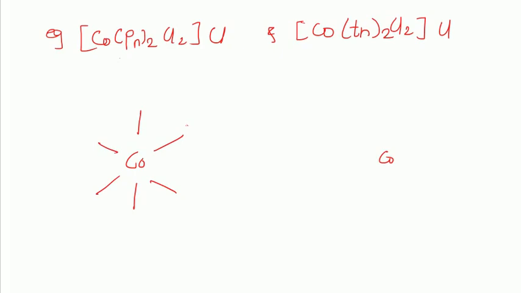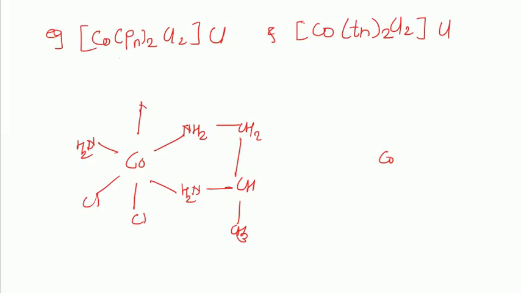Likewise NH2 CH2 CH CH3 and NH2 here, other two chlorides, and one more PN, that is the propylene diamine structure, NH2 here, CH2 CH and CH3.